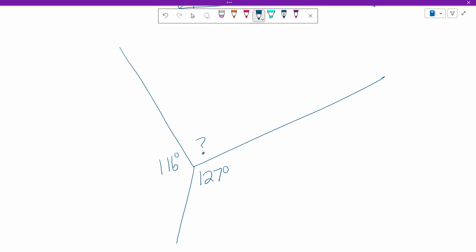Okay, do we have a linear pair or vertical angles here? No, these are just three adjacent angles. Now, if you think about this, they kind of form a circle here, right?